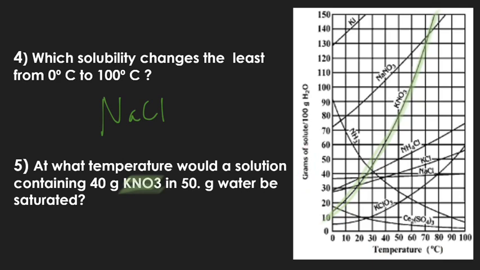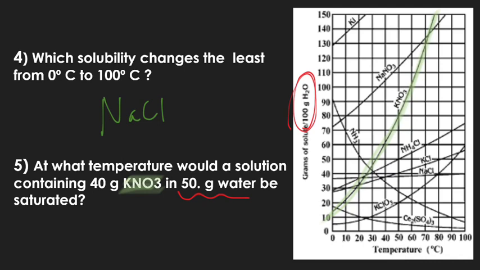So we are going to be following a number over from our y-axis to our graph and then down. But if you notice, this says that we're doing this in 50 grams of water. My graph is not designed for 50 grams of water. It's designed for 100. And that's standard, but sometimes we don't make solutions in 100 grams of water.